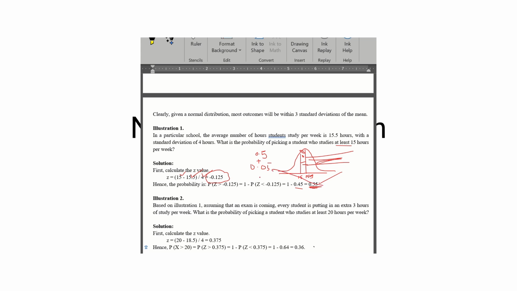But the way it is solved here, they did it the other way around, meaning the total area under here is 1 minus the z less than 0. If this is 0.5 here, we know that what they just did is a reverse calculation.